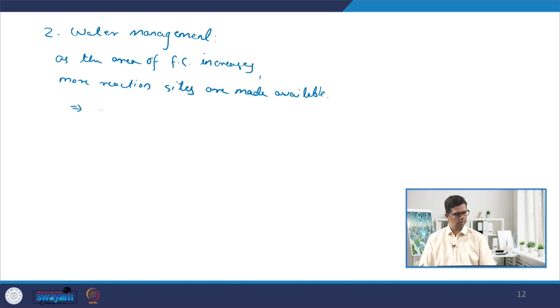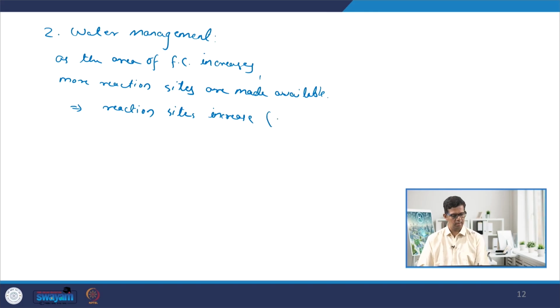So, as we know, if the reaction sites increase, in other words, we have more number of reactions occurring per unit time.